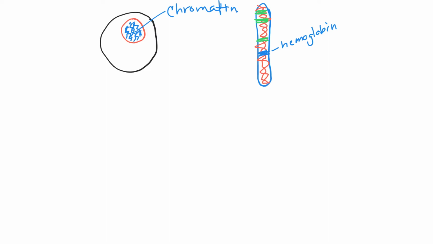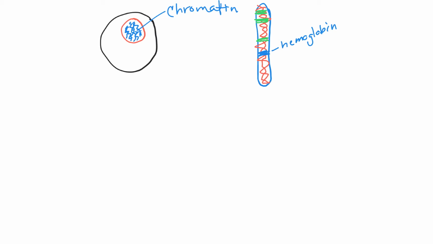When you need a certain protein, that section of the DNA in the chromosome unwinds, and the DNA that gene contains is transcribed and then translated into a protein. So there are two processes that occur in order to make this protein.